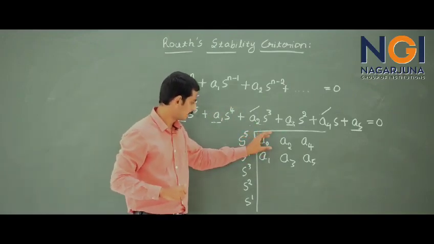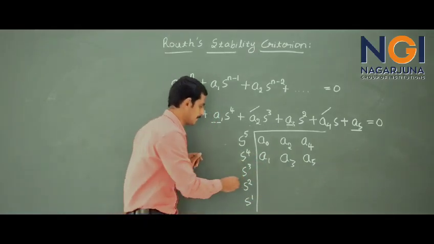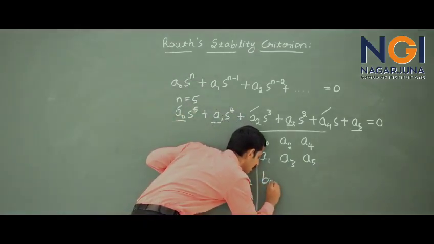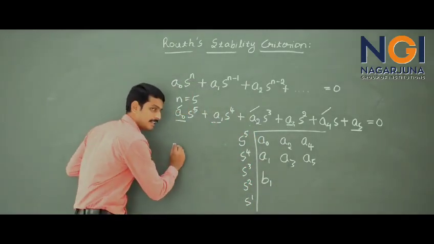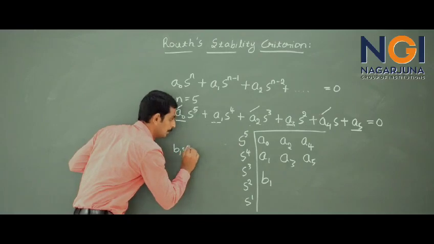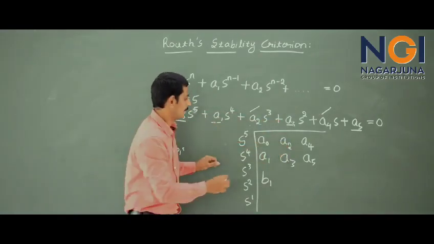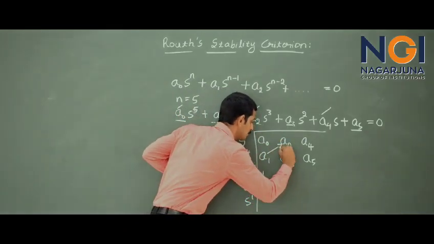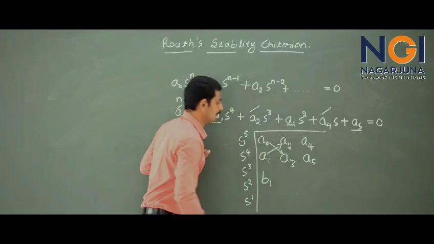After this, I have to continue with the further steps. I will consider this value as b1. To calculate b1, I consider this as a matrix. I multiply these two, down to upwards, minus upwards to downwards.